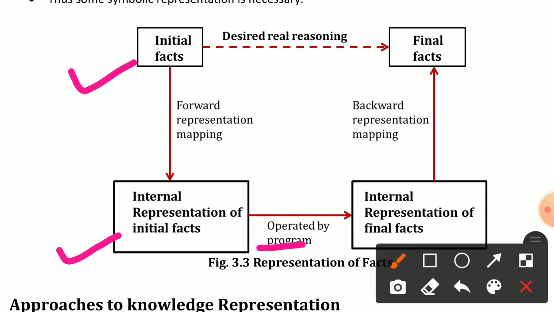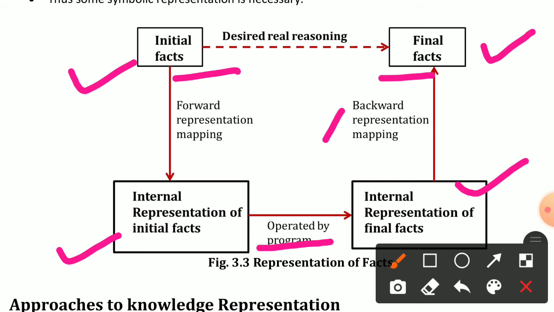Here the program can be performed and we can get the final facts. It is the backward representation mapping. We can start with the initial process and in the final process we can get the output.